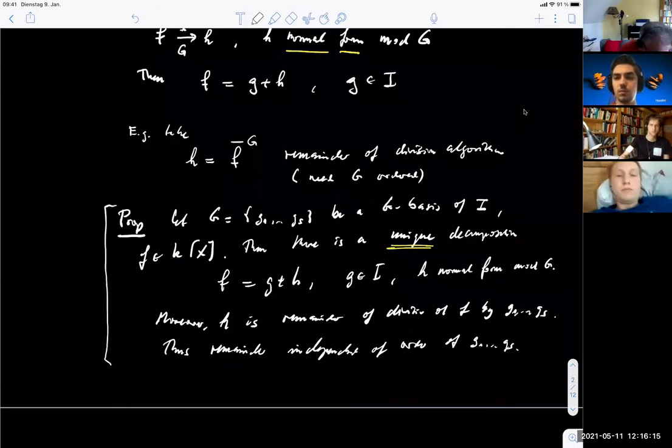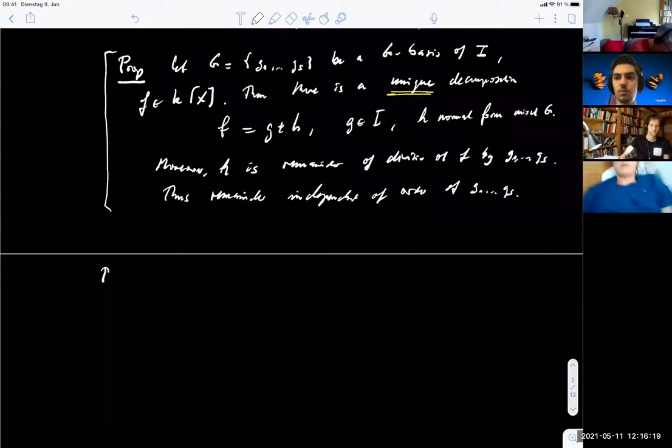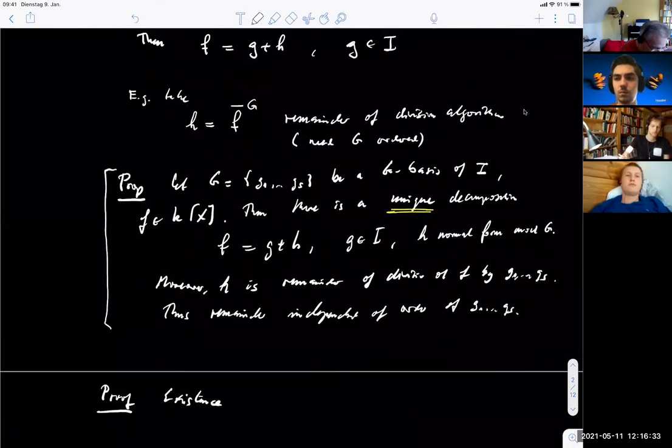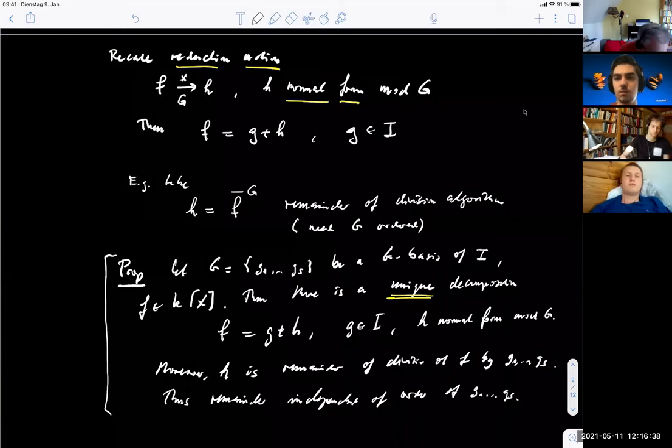So let's prove this. Proof. First, existence. The existence is, by what I recalled, I hope now clear. What do we do? I have F. Then I reduce until I reach a normal form.